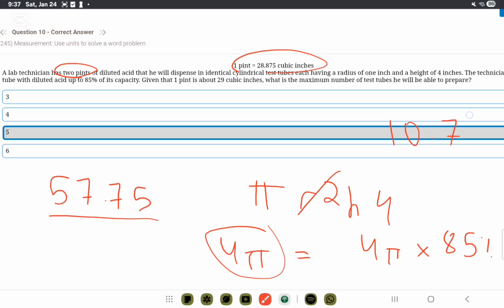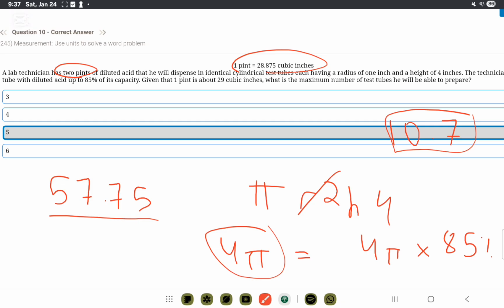I'll put it 10.7. So 10.7, and that's for only one volume. He has 2 pints of acid, and the total volume he's using is 57.75. So you divide the total, which is 57.75, over the capacity he's using. What do you get? You get, wait, what?